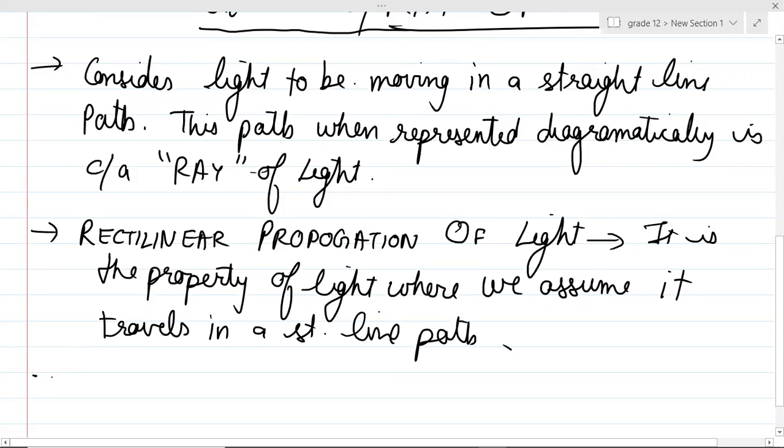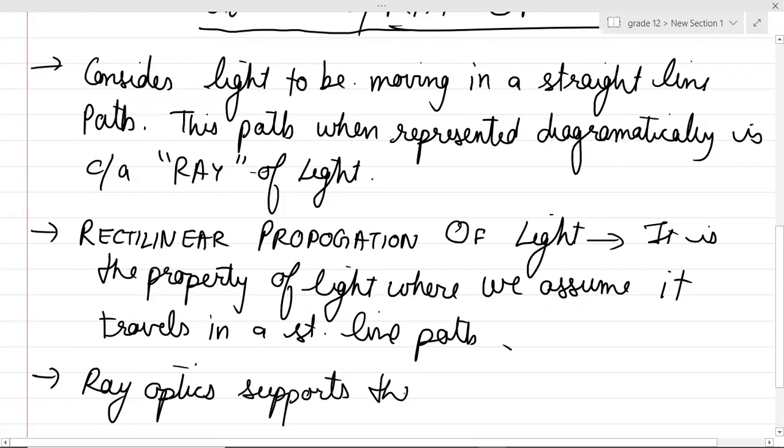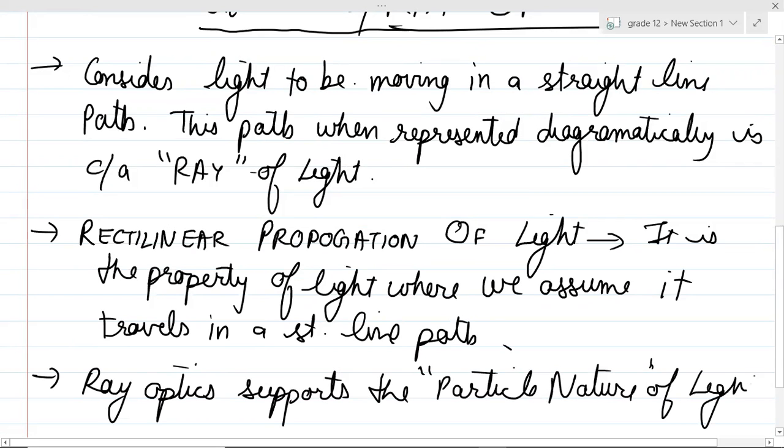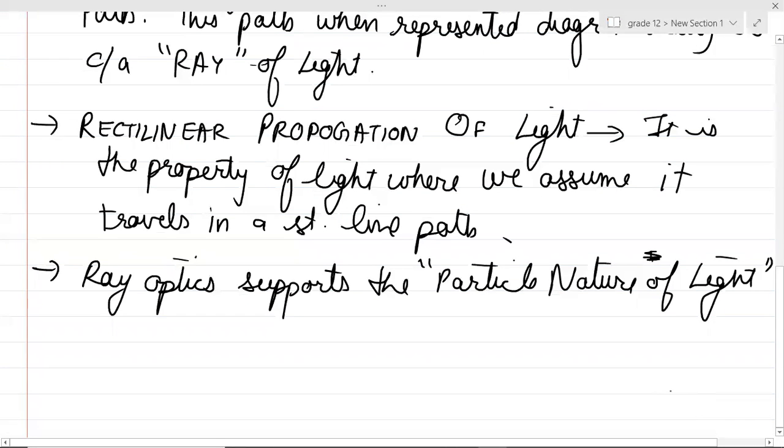Please remember, geometrical optics or ray optics supports the particle nature of light, where we consider the ray as a particle. In the particle, whenever it is moving with certain velocity, the path is shown with the help of a ray, right?